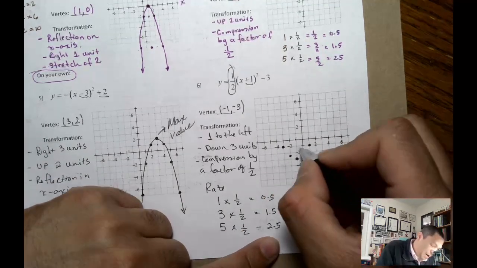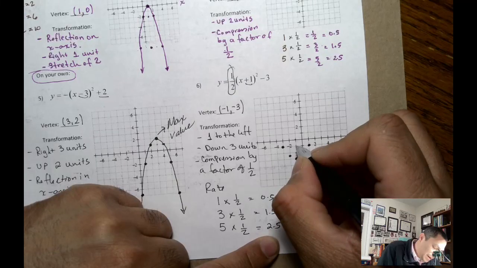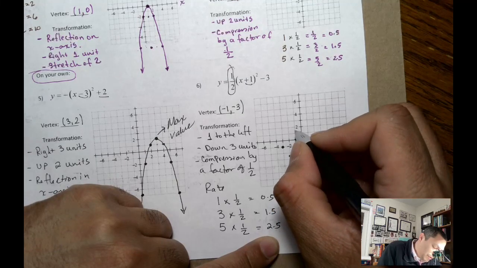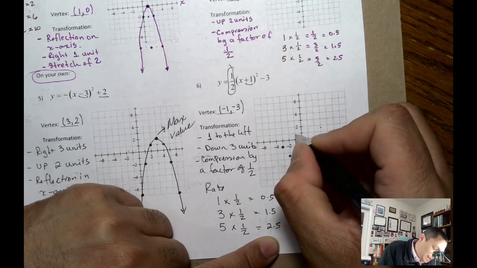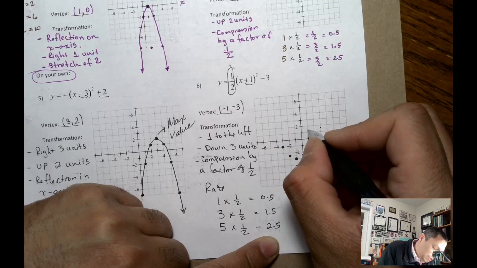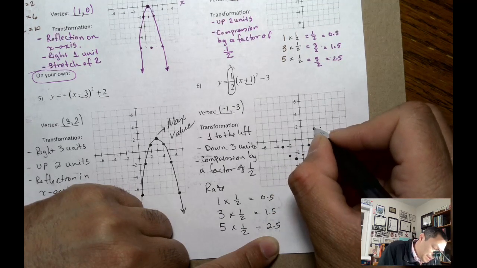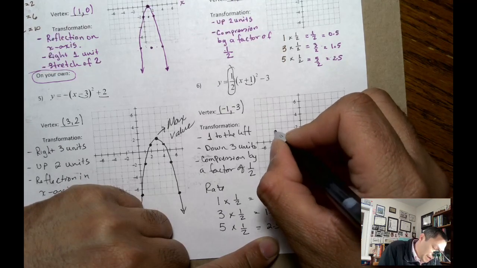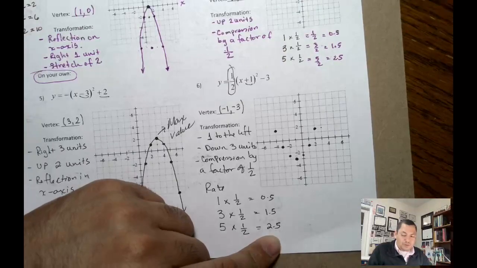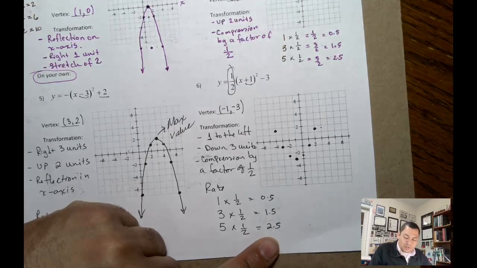Then I have 2.5. So I start with this one, 2.5, 3. Then we count again here, 1, 2, 3. Then here, 1, 2, 3. That's enough points. If you want to do another one, you can do 7.